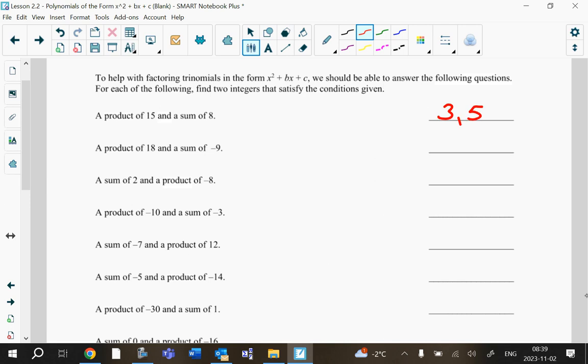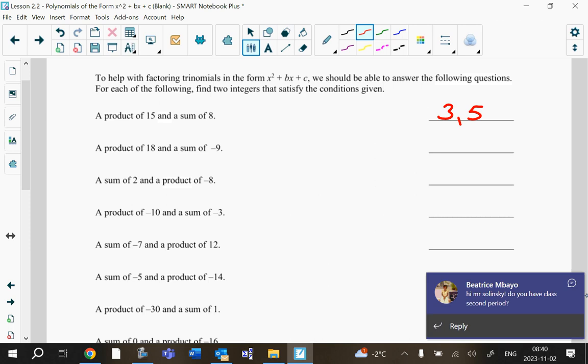What about 2 numbers that multiply to get 18, but add to get negative 9? Negative 6 and negative 3, right?